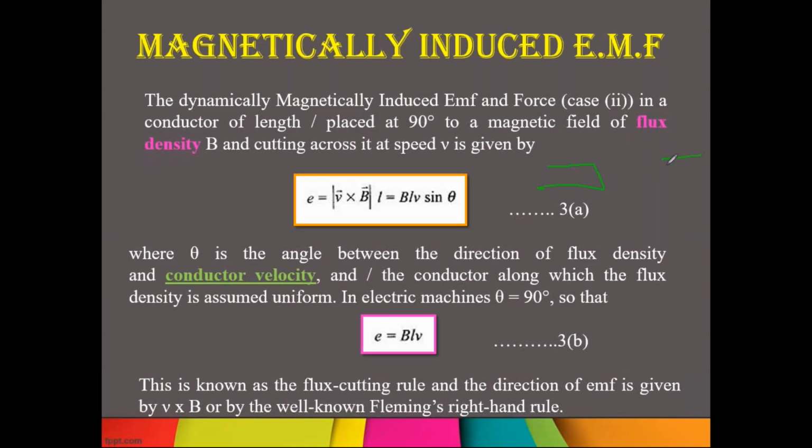These are the two poles N and S, and this is the direction of the field, and you are placing the conductor in between. It experiences some force, and it is in the upward direction.